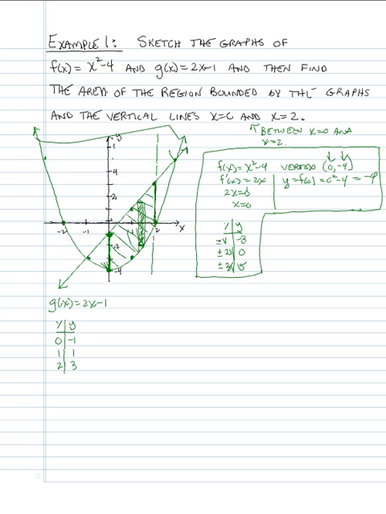Now, to calculate the area, what I know I'm going to do is I'm going to add up all of these rectangles, the area of all these rectangles. And of course, the rectangles are going to start over here where x is 0, aren't they? And we're going to move those rectangles along through that region, until we stop over here where x is equal to 2, because that's the boundaries for where that region is. So we're going to integrate from 0 to 2.